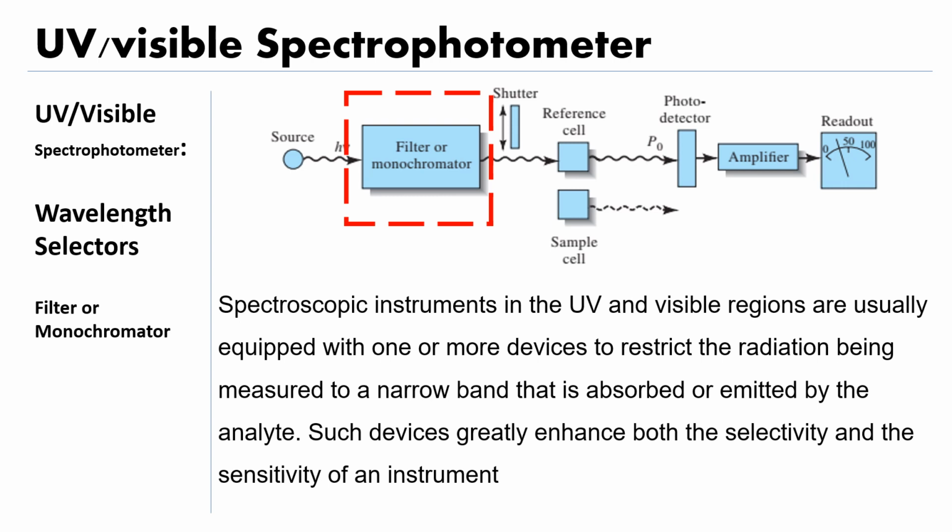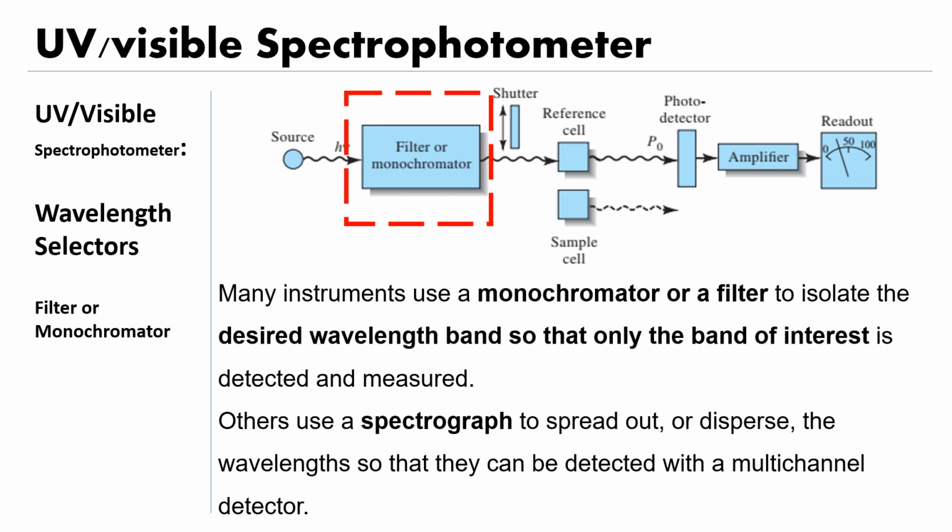The source produces light in different wavelengths, from 380 up to 2500 nanometers, and we are required to select the light of a particular wavelength. We can select these wavelengths by using the filter or the monochromator.